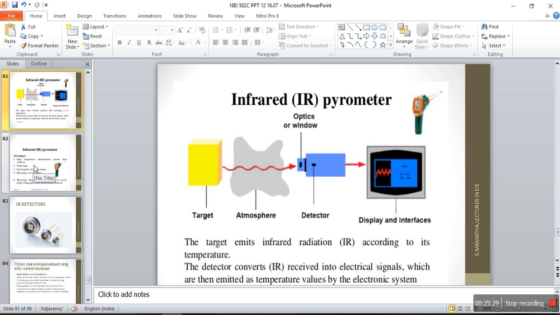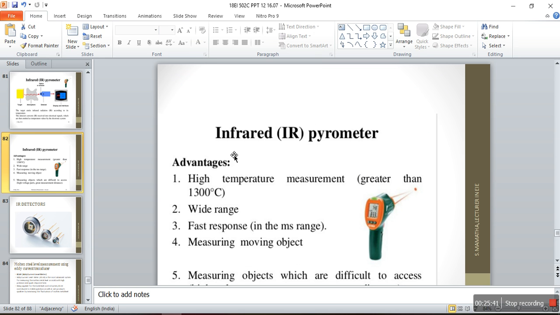Infrared pyrometers: the target emits infrared radiation according to its temperature that will be measured by the detector.